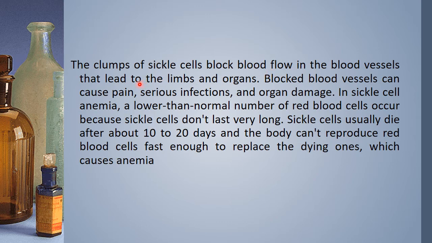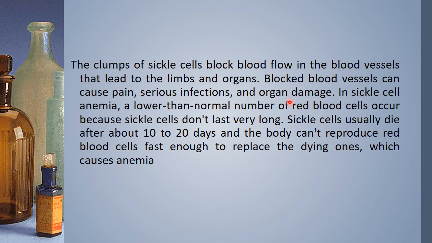In sickle cell anemia, a lower than normal number of RBC occurs. Why? Because these RBC cells, which are considered abnormal and have the sickle shape, do not last very long. Their lifespan is going to be decreased, sometimes to 10 to 20 days.